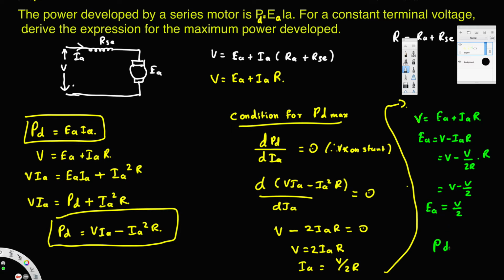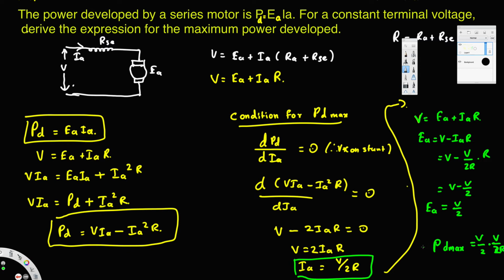So at maximum, PD is equal to EA times IA, where EA is V over 2, and IA is equal to V over 2R. I'm applying from this equation.